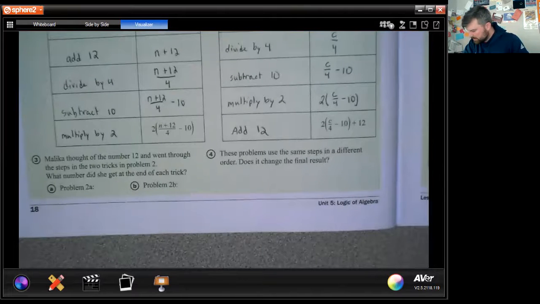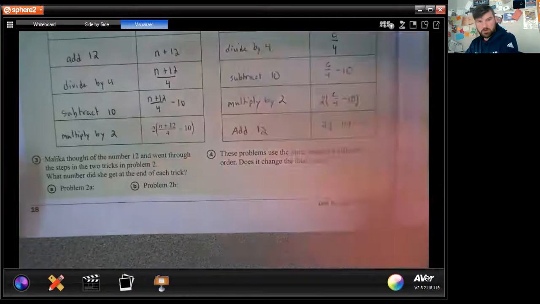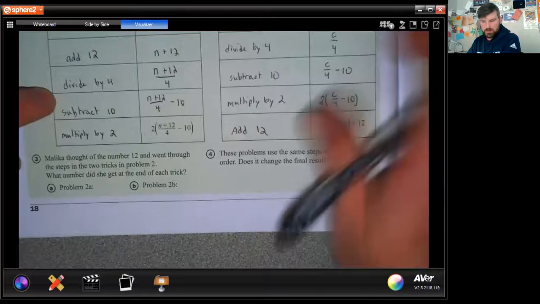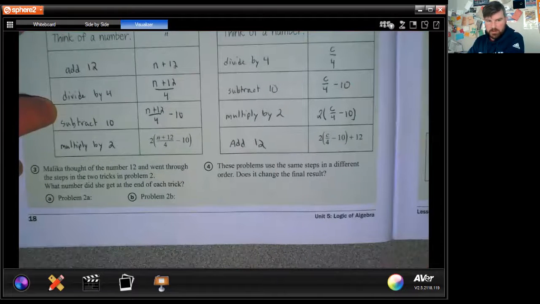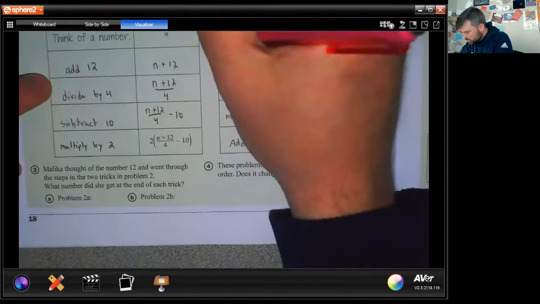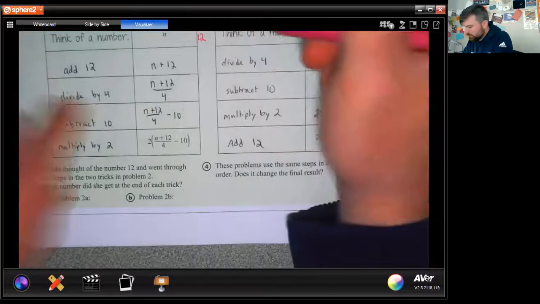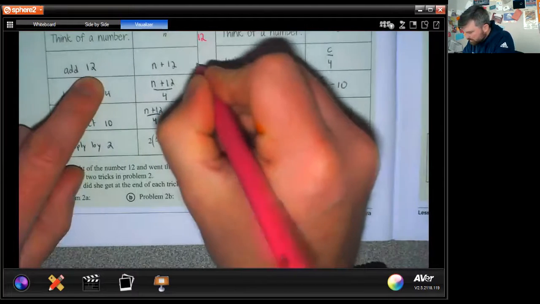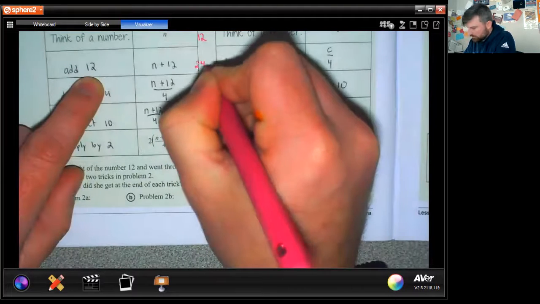Malika thought of the number 12 and went through the steps in the two tricks in problem 2. So she went through both of these. What number did she end up with after each trick? Okay, so problem 2A, she thought of the number 12 first. So if I take 12 and I add 12 to that, I get 24.